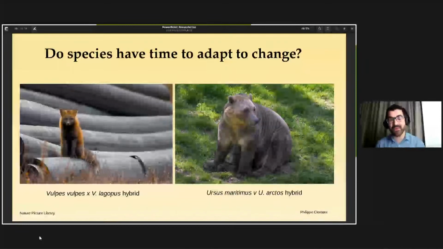Even though that brings a plethora of different problems, such as pleiotropy, in hybridization between a species that is adapted to an environment with another one that is not.